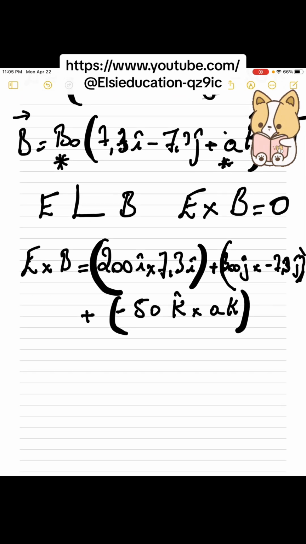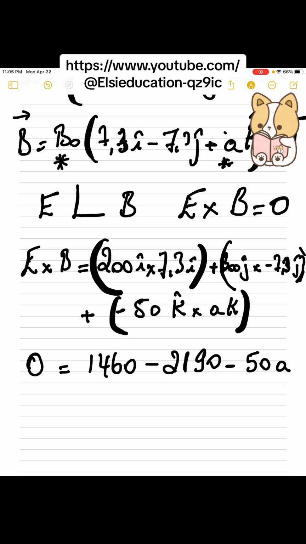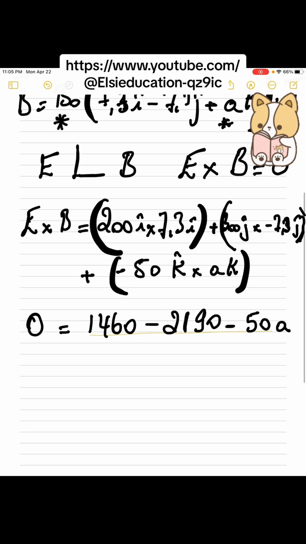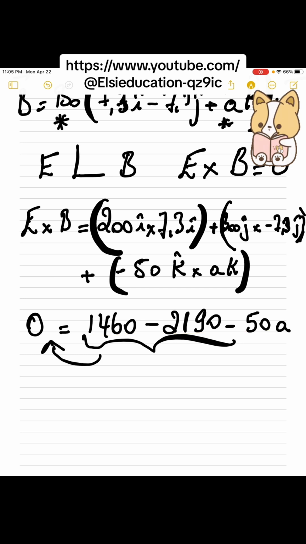So we know that the electric field multiplied by the magnetic field will be equal to 0. 200 multiplied by 7.3 is 1460, minus 2190, minus 50A. So this 2190 we send to the other side.